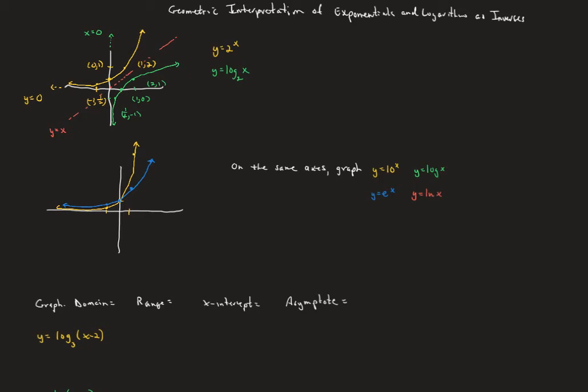Now let's look at these logarithms. So I'm going to get my green pen up here. For log base 10 of x, when x is 1, we're going to get 0. And when x is 10, we're going to get 1, so it's going to be way out here.